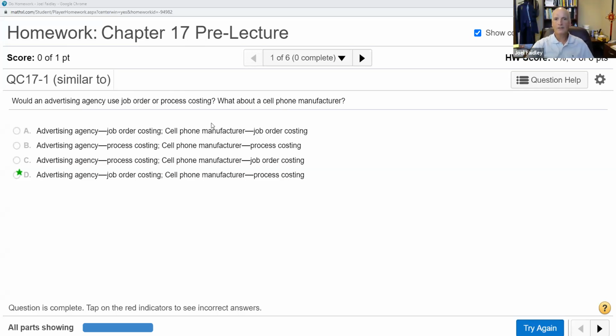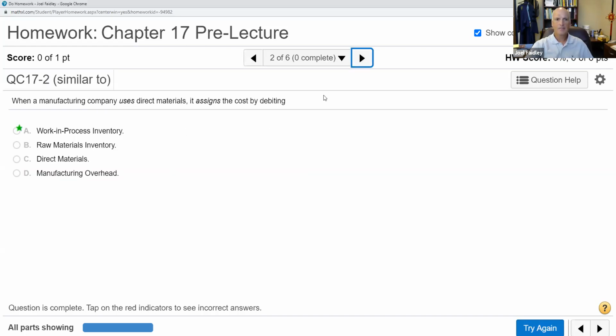So when you look at process costing and job order, what is a cell phone manufacturer? They may have a lot of different types of cell phones, but in essence a cell phone is process costing, and an advertising agency is job order, because each individual project an advertising agency has is going to be a separate cost collection.